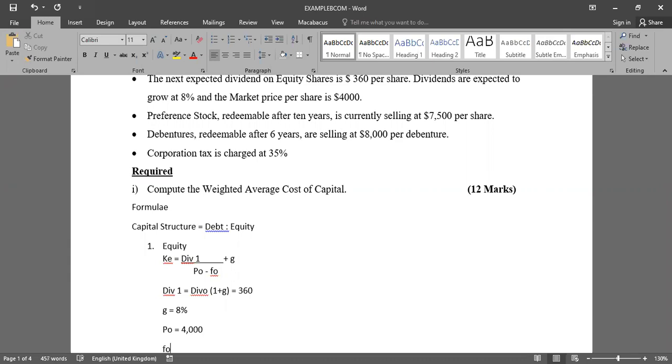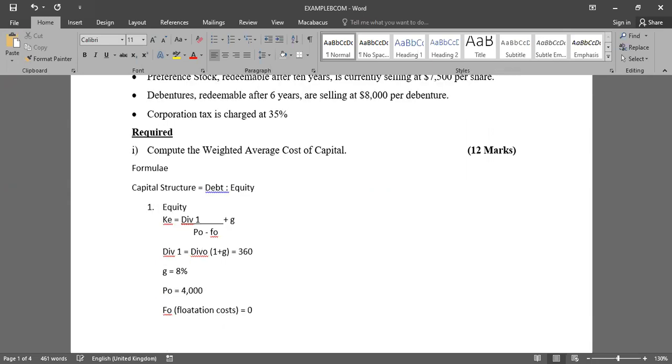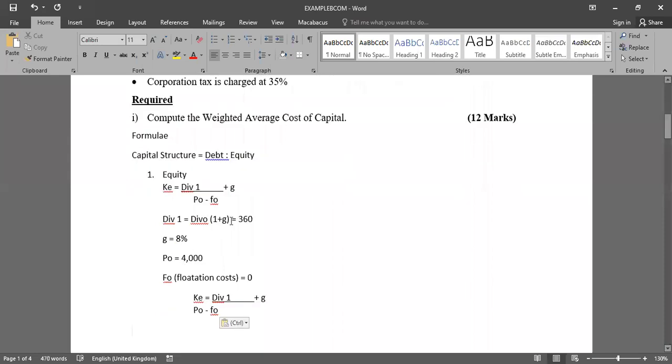In this case, this is flotation cost, not face value. Take note, let me emphasize, these are flotation costs. They were not given in this case, so it is 0. What does that mean when you come to your formula? I want to emphasize this.